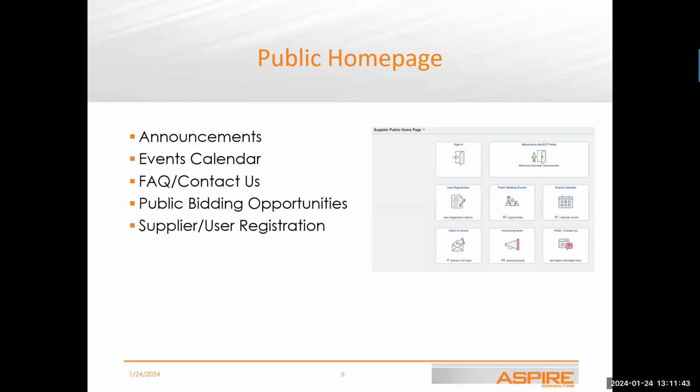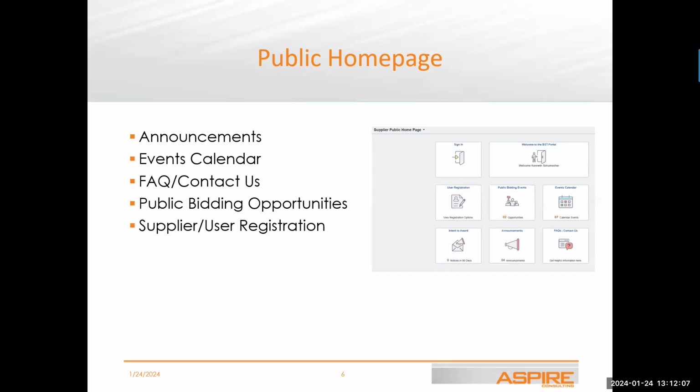And they come into this public homepage where they have access to some public things like announcements, events you have coming up, an FAQ, contact information. Bidding, if you use bidding, is in here, public bidding opportunities if you're a bid-based organization. And then you have your supplier and user registration where they can register as a supplier. So new suppliers can come to your public homepage and register themselves, so you don't have to do that for them.